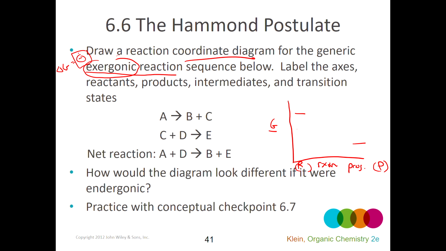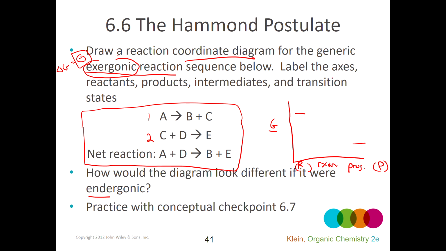It doesn't tell me how much. We're not working with specific numbers, but just generically, I know they're less than the reactants if it's exergonic. If it were endergonic, it would be the opposite. So we'll look at that here in a minute. So if we have an exergonic reaction, and this is my mechanism, I've got a two-step process.